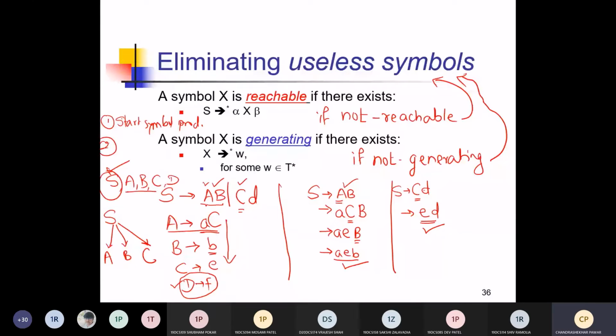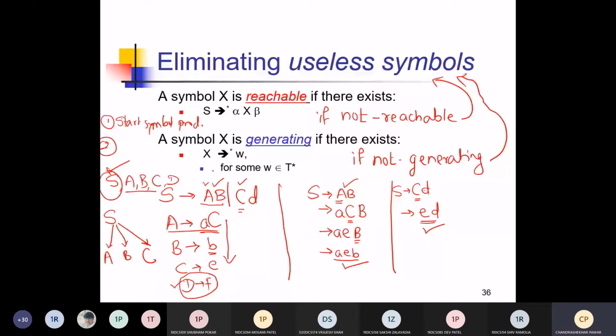Which are the other non-terminals present within the starting symbol productions? That is A, B and C. These are the three non-terminals appearing within the starting symbol production. But D is not appearing within the starting symbol production, nor in the production of A, B, or C. It is not appearing anywhere.